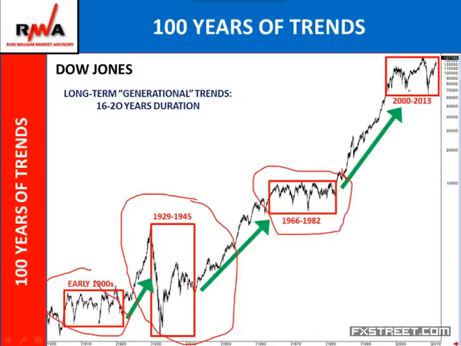Either way, each of these sideways moving markets, roughly lasting 16 to 20 years, tend to be very volatile, so swing trading tends to be quite important. Timing is very important. And generally there's a big contraction in valuation, and usually a diminishing effect in terms of the stock market value.